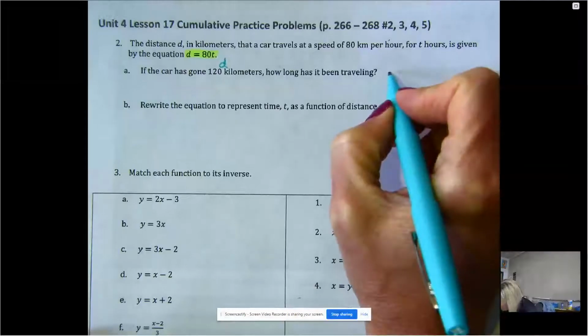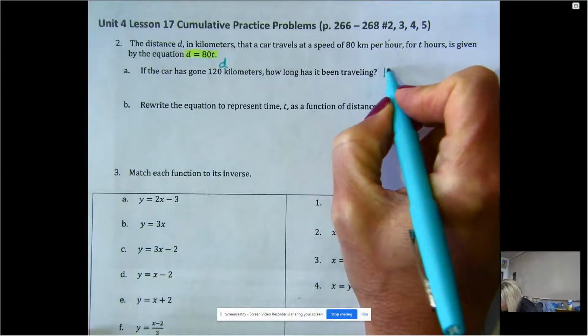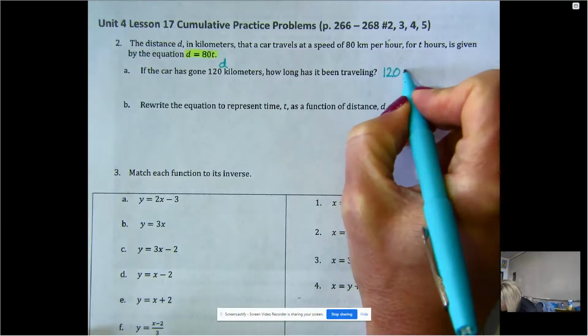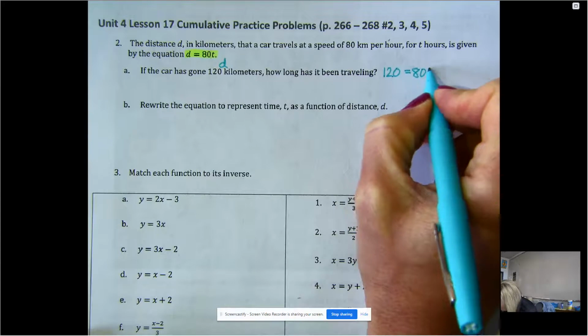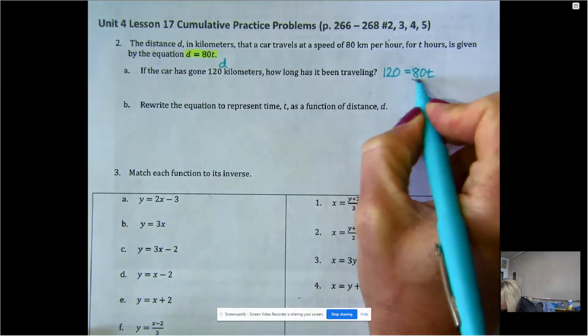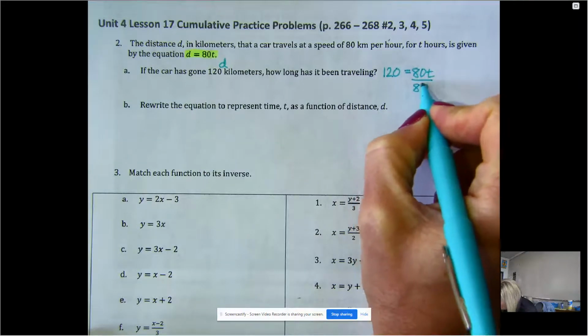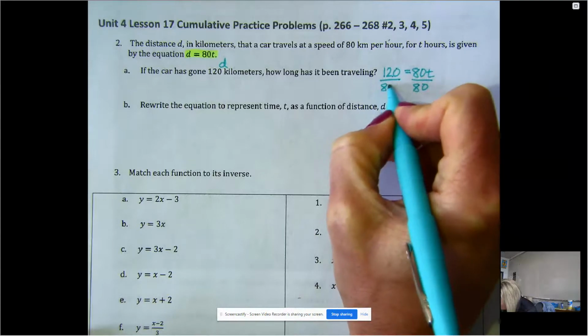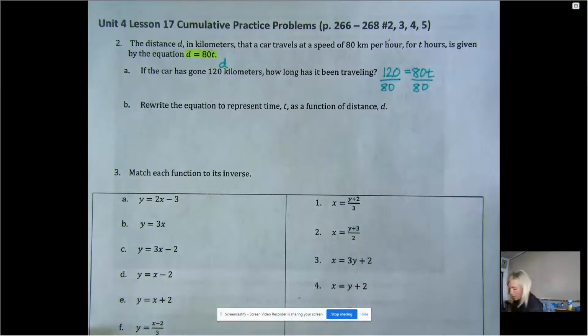So I'm going to solve for part A, 120 equals 80t, and I do this by dividing by the 80. 120 divided by 80, grab my calculator.